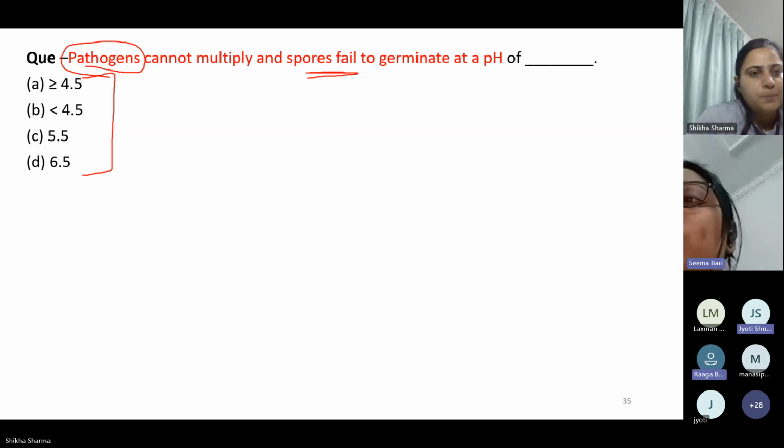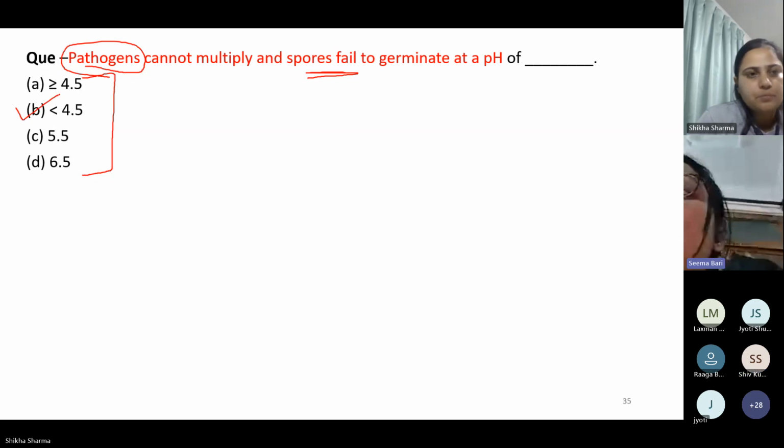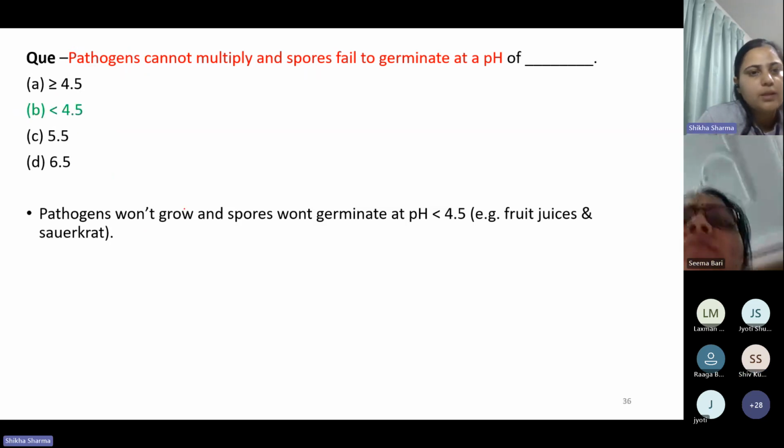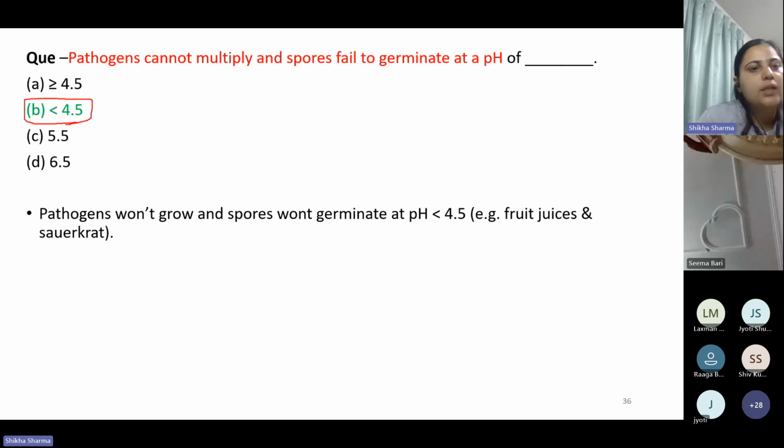Option B, less than 4.5. Yes, it is a highly acidic condition. In this, pathogens and spores cannot survive.